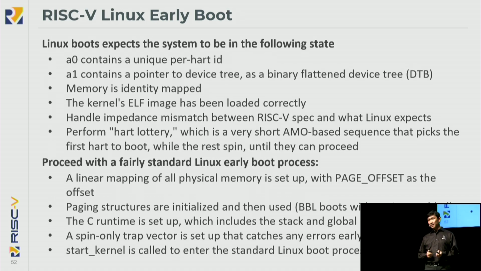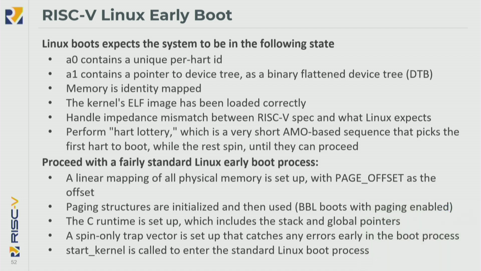In the Linux early boot itself, typically Linux early boot expects the system to be in the following state: the A0 register contains the hart ID, a unique hart ID, I should say, and the A1 register contains a pointer to a device tree, which is a binary flattened device tree.